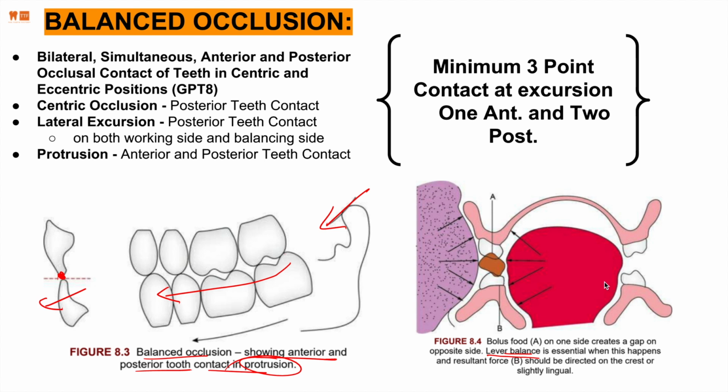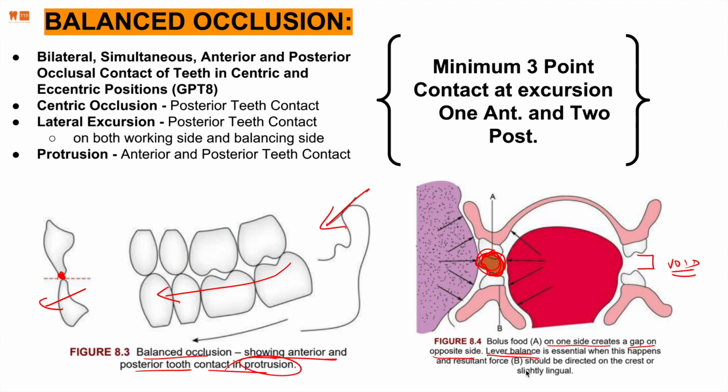A, right here, is the bolus of food. It's something that we chew, candy, for example. On one side, it creates a gap on the opposite side. Because it's here, this area is void. There's a gap. Okay? That's part of the description. Now comes lever balance. It is essential when this happens.